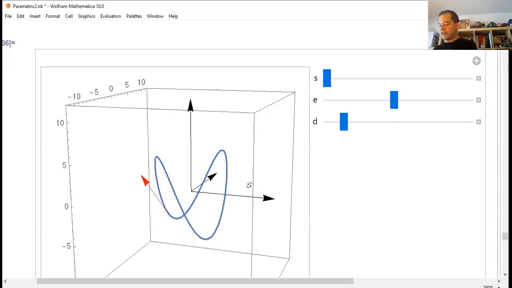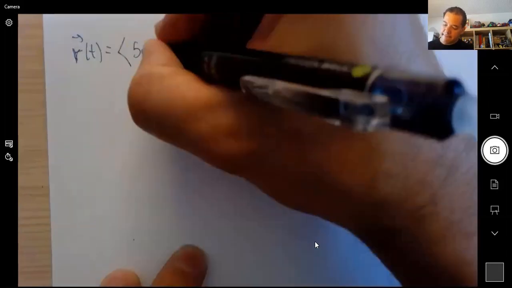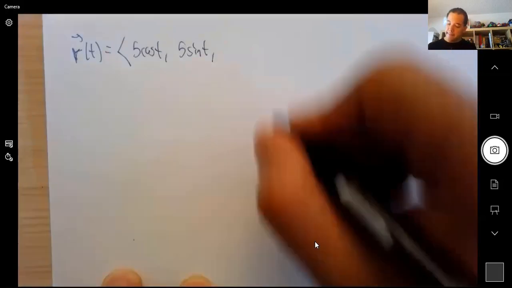So let's check it. Let's go back to the page. So this time our R of t is 5 cosine t, 5 sine t, and then 5 sine 2t.